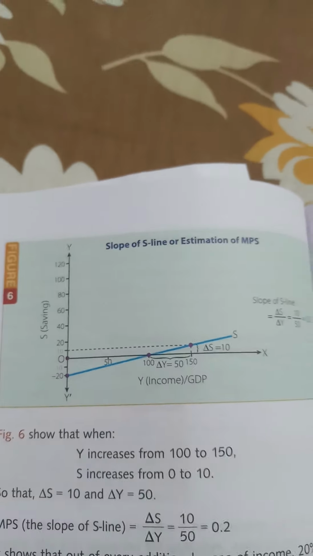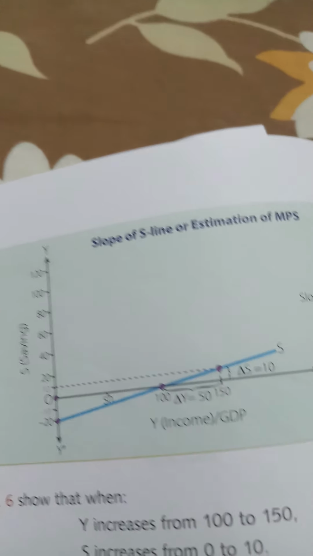This downwards is because saving starts from a negative value. Now, two things are to be noted here. The first thing, you see, the value of saving starts from minus 20, and it goes upwards in a straight line.